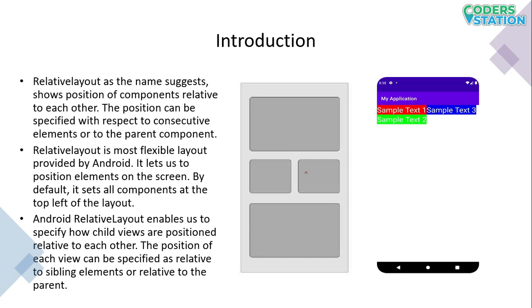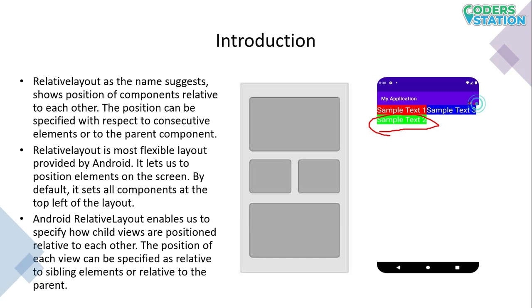For example, as you can see in screen 2, which is displayed over here, sample text 1 may be the first element that we have placed on the screen. Sample text 2 is the second element that we have placed, so we have mentioned the relation of sample text 2 with sample text 1, that it has to be below sample text 1.